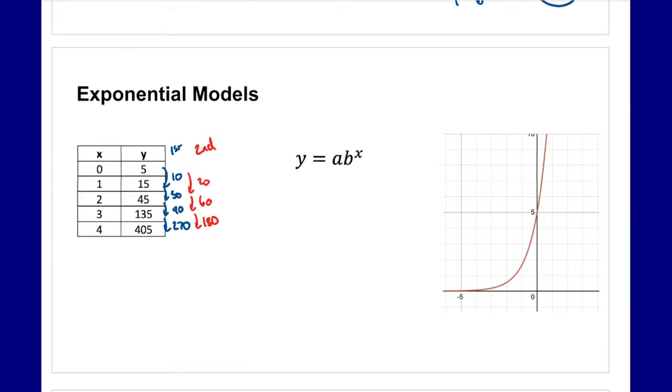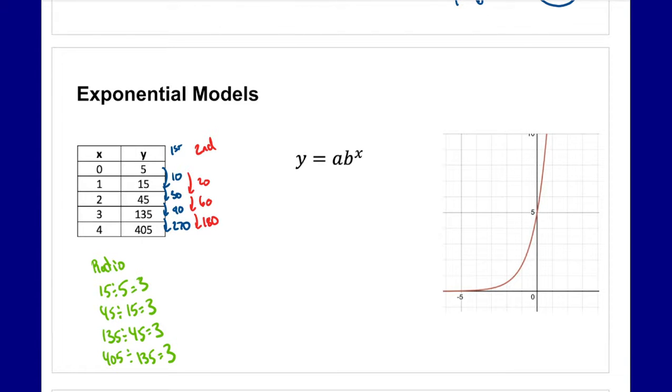However, if we check the ratios, let's do that below for sake of space. The ratios when we divide the previous value, so 15 divided by 5 is 3. 45 divided by 15 is 3. 135 divided by 45 is 3. And 405 divided by 135 is 3.